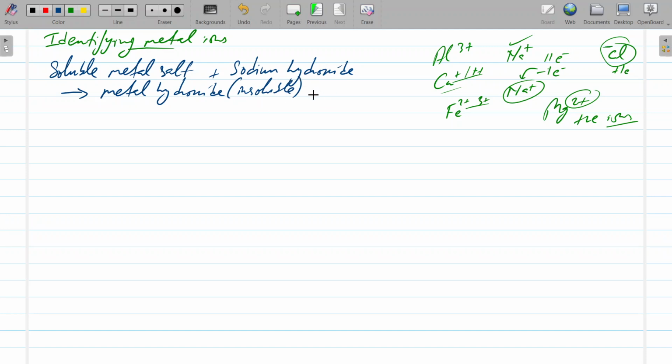And along with that, we'll get another salt, a different salt that will most likely be soluble. So an example is taking iron 3 chloride.